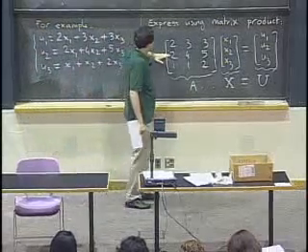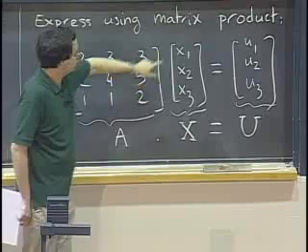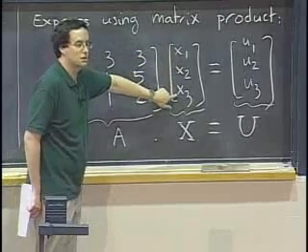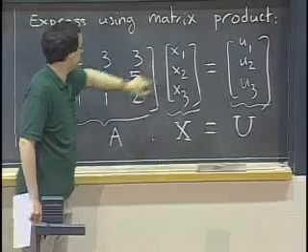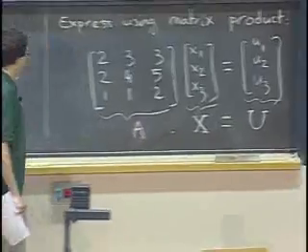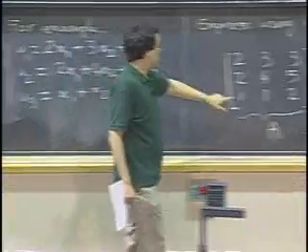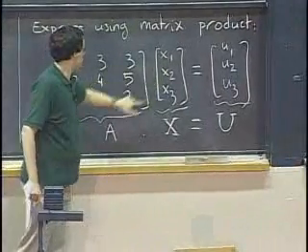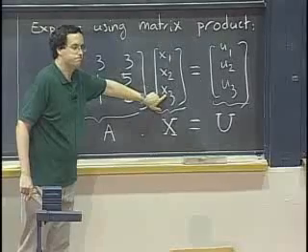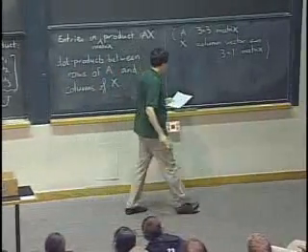I take the second row of A, 2, 4, 5, and I do the dot product with X1, X2, X3. I will get 2 times X1 plus 4 times X2 plus 5 times X3, okay, which is this thing. And same with the third one, 1 times X1 plus 1 times X2 plus 2 times X3. Okay, so that's matrix multiplication.